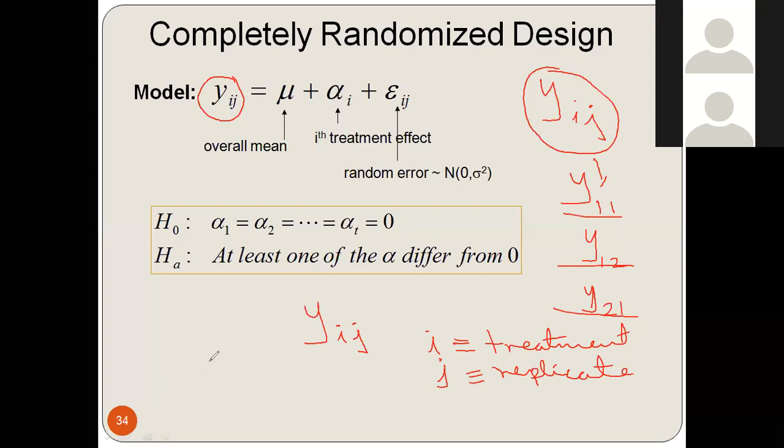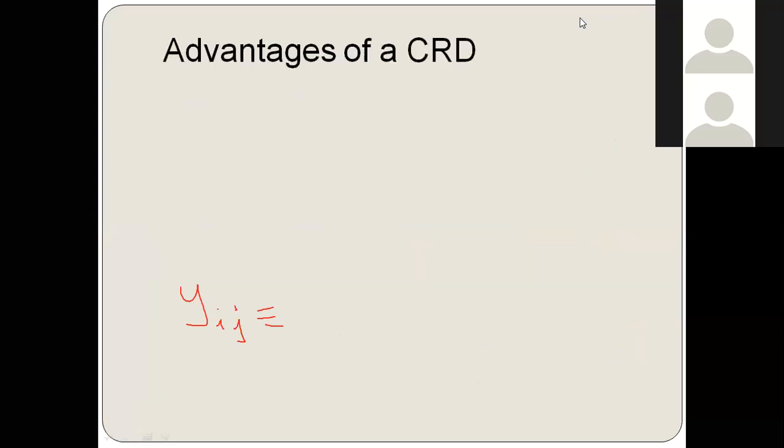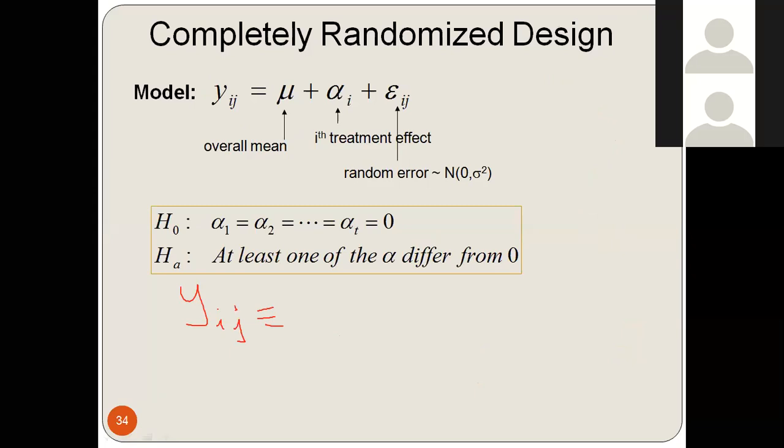So Yij means the observed value of the ith treatment in the jth replication.